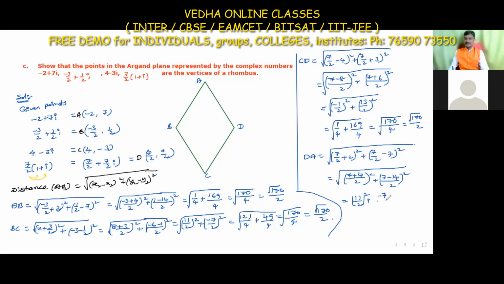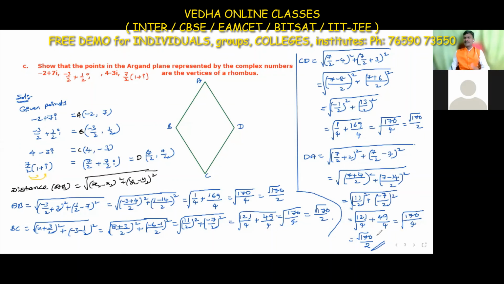Minus 7, minus 7 by 2 whole square. 11 square is 121 divided by 4, plus 7 square 49 by 4. So denominators are equal. Add the numerators. 121 plus 49, how much? 170. Root 170 divided by root 4, which is 2.